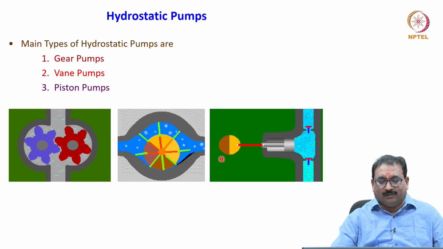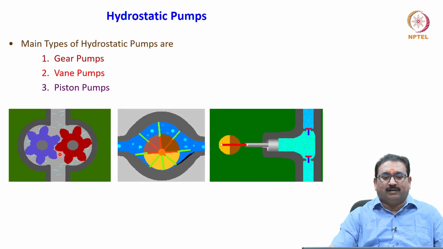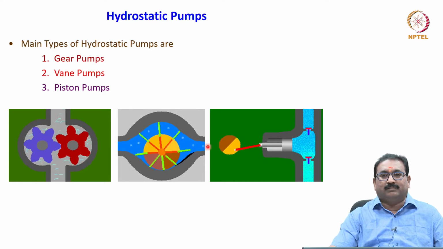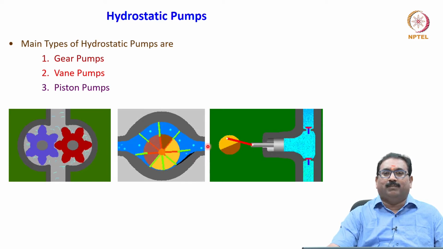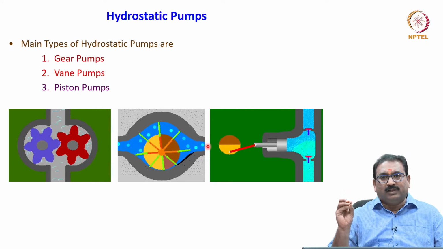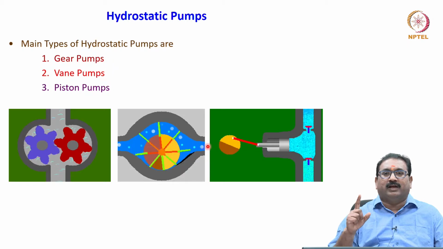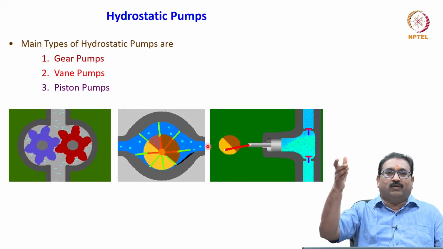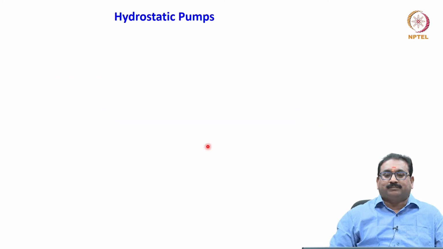Also note, inlet is there, outlet is there, irrespective of the gear pump, vane pump or piston pump. Rotating elements are enclosed in the housing. Inlet we connect to the tank, outlet is connected to the valves and actuators.